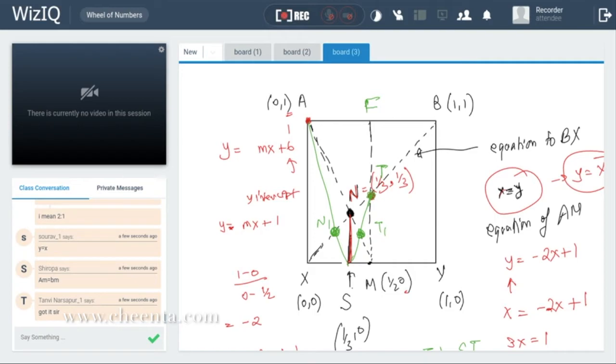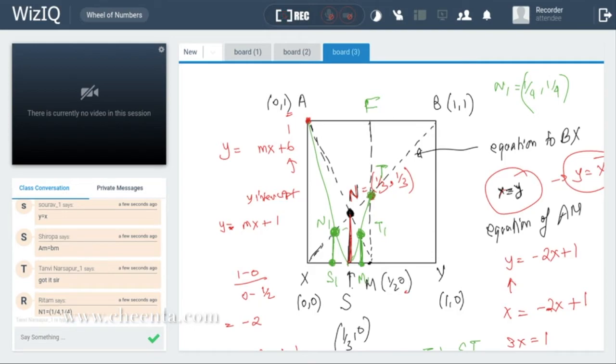Or more importantly, if I drop perpendiculars from N1 and T1, then I'll get S1 and N1, suppose. So Rhythm points out that N1 is (1/4, 1/4).